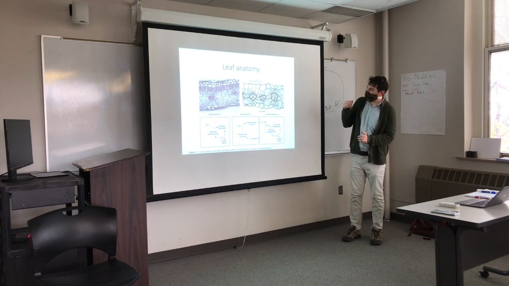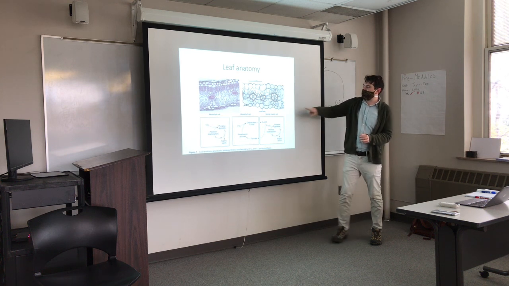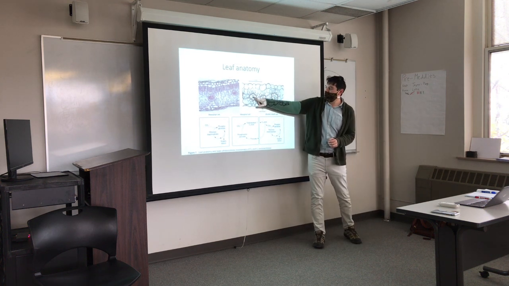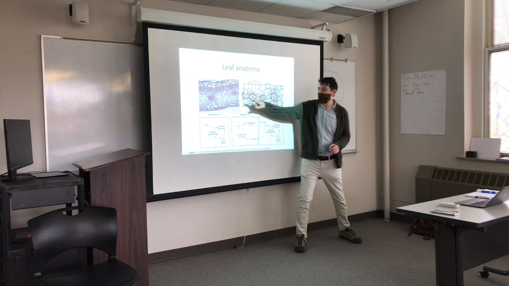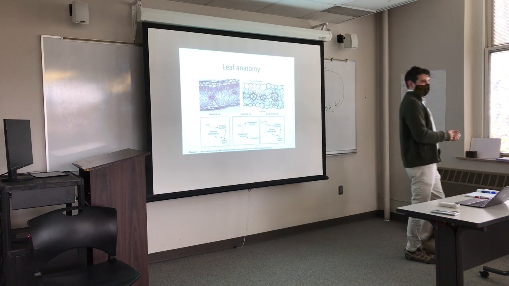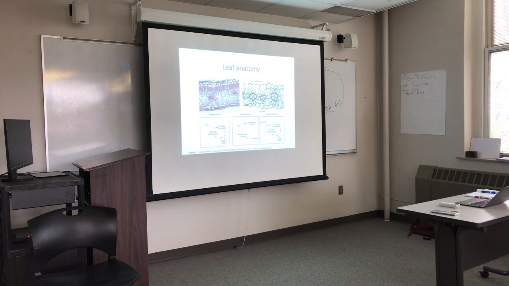In a C4 plant, the anatomy looks a little bit different. These are the veins. Do you notice anything funny about these veins compared to those veins? Can you describe what you see?